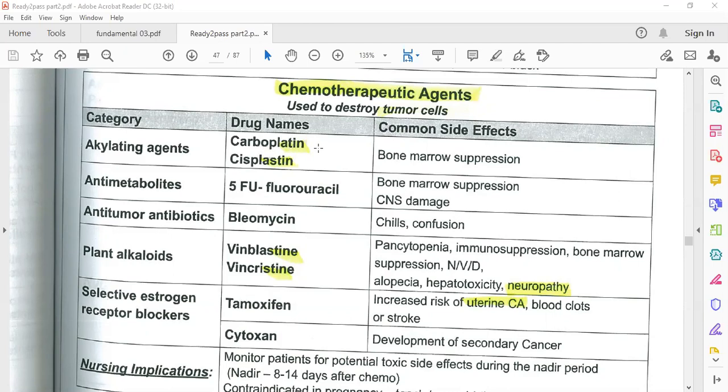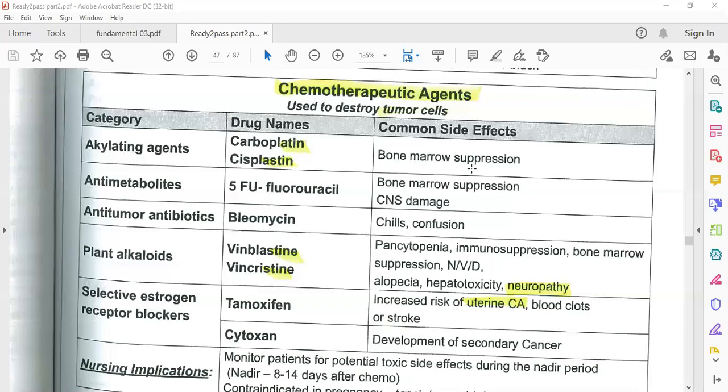So the antineoplastic or chemotherapeutic agents have a lot of severe side effects. As a healthcare provider, we must know and we must educate our patient about this medication. Like cisplatin can cause bone marrow suppression. Everybody knows that bone marrow produces red blood cells, white blood cells, and platelets.